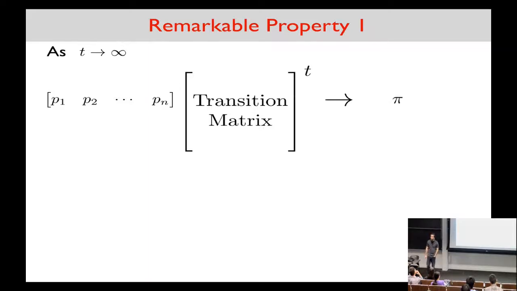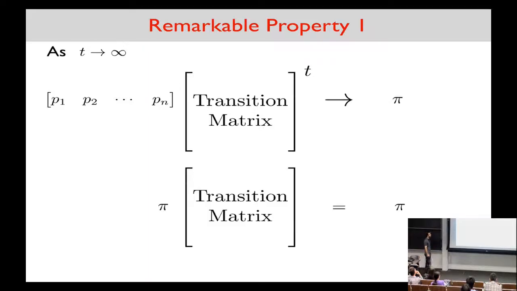And it's not surprising that, of course, if I now were to start with pi as my initial distribution, and multiply it by the transition matrix, I'm going to get back pi. So if you know what an eigenvector and an eigenvalue is, you can say that pi is an eigenvector of the transition matrix, and the corresponding eigenvalue is 1. If you don't know what that means, it's okay.